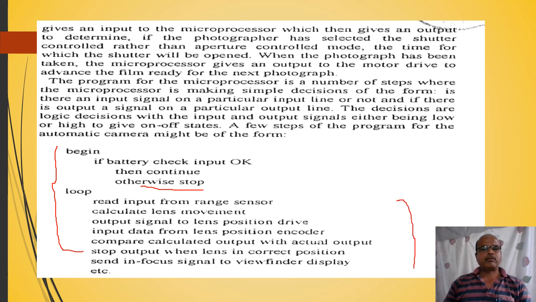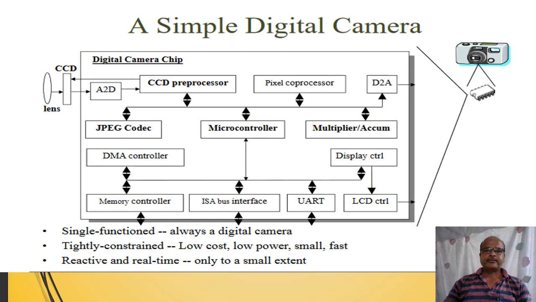Read the input from range sensor, then calculate lens movement, output signal to lens position drive, input data from lens position encoder, compare calculated output with actual output, stop output when lens is in correct position, send in focus signal to view finder display, etc. So if you observe any digital camera you have handled, these are the loop procedure, or you can take photos or images accordingly.